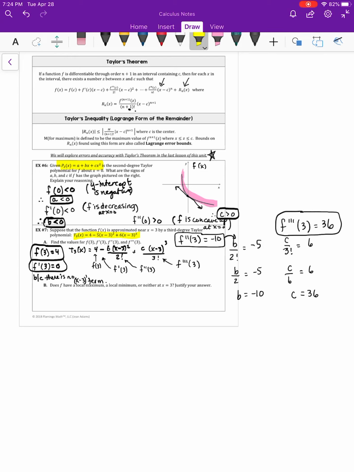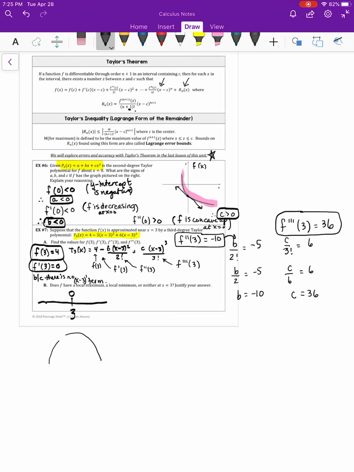Part B, does f have a local maximum, a local minimum, or neither at x equals 3? So let's think about that. We've got x equals 3 here, and we know that the derivative at 3 is 0, and we know that the second derivative is negative 10.